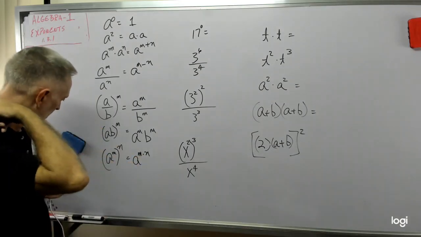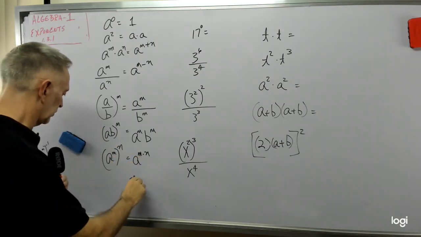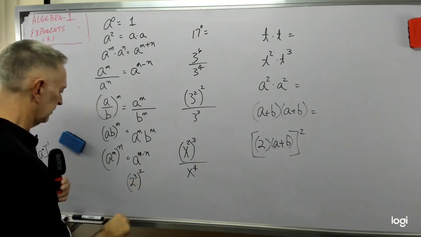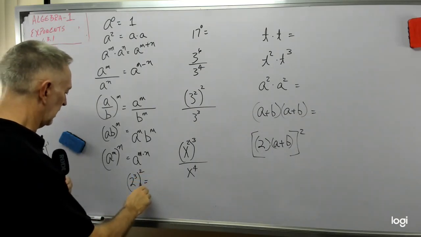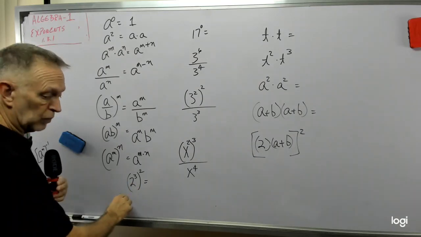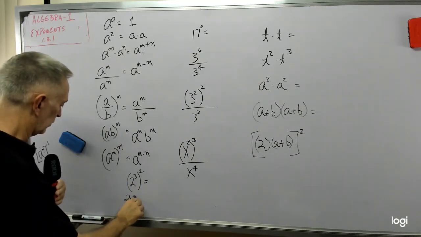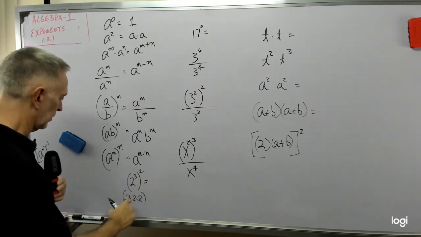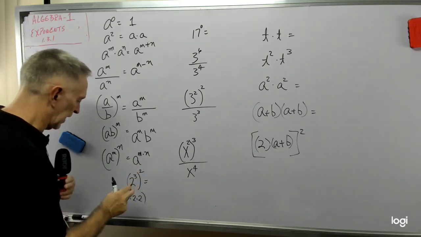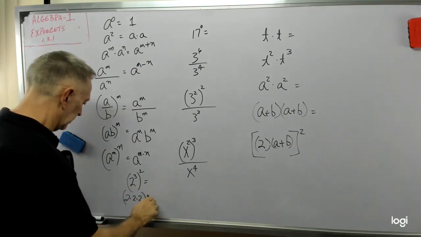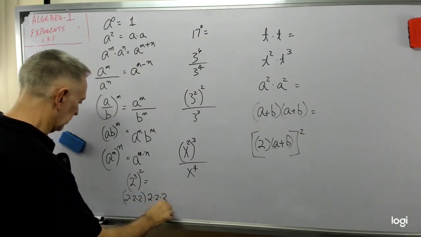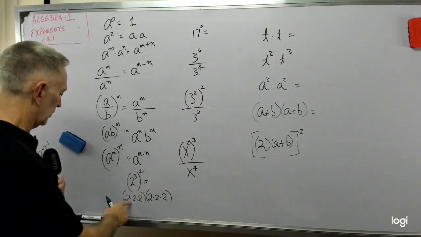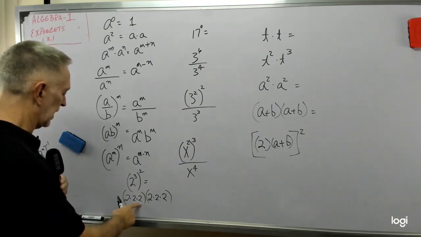So if I have, let's say, 2 to the third power squared, we could do this one way, 2 times 2 times 2, that's 2 to the third power, squared, which means I have 2 of these. So 2 times 2 times 2. 2 times 2 is 4, times 2 is 8.